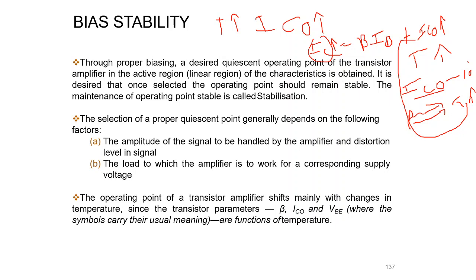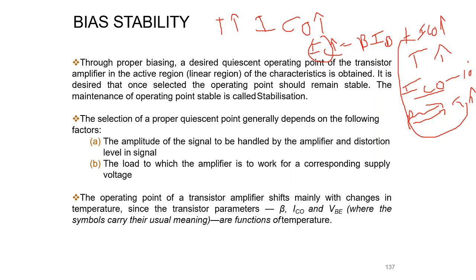Even though we change the supplies or the temperature changes, the collector current should remain constant. That is done by proper choice of components and circuit design, and it is called the stabilization process.